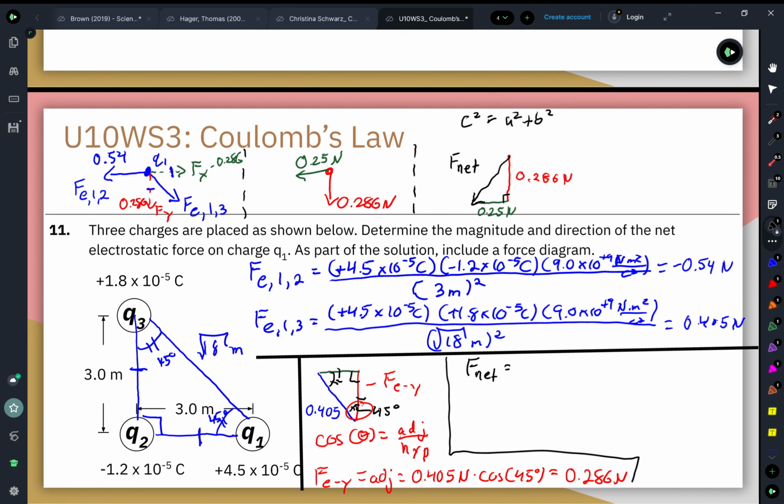So our net force is equal to that 0.25 newtons squared plus 0.286 newtons squared, and it is the square root of all of that. So the magnitude of our net force is going to be 0.38 newtons. That's the magnitude.